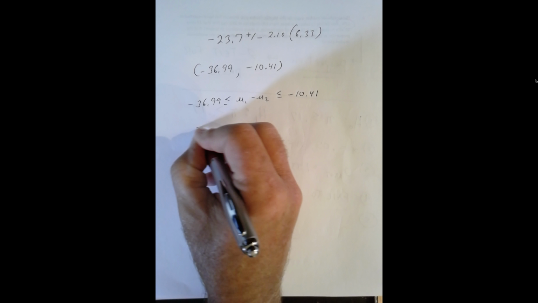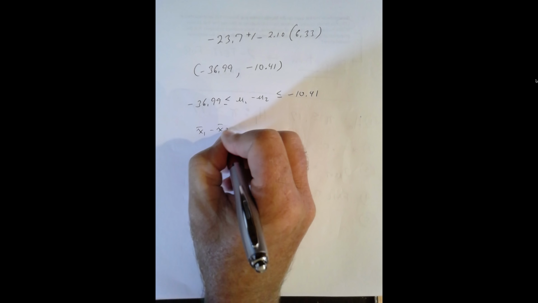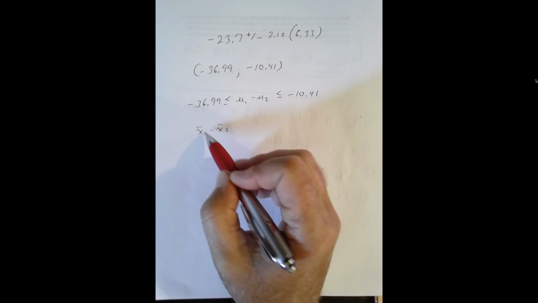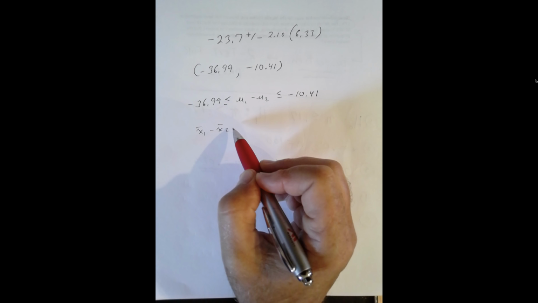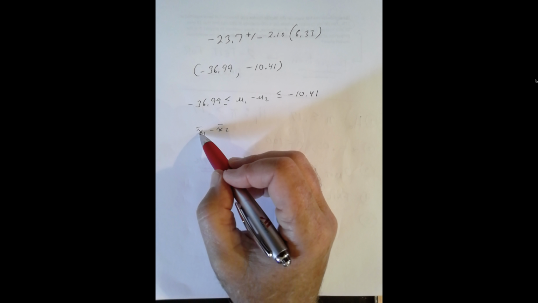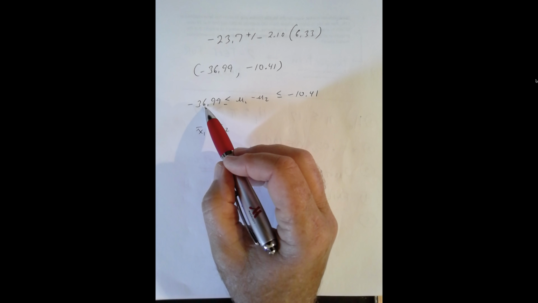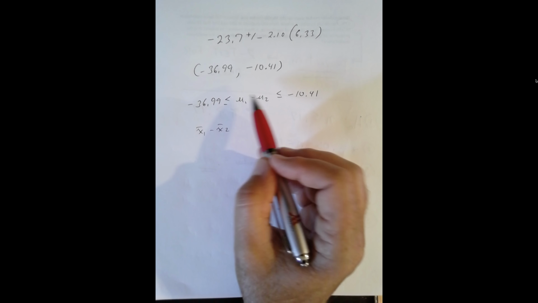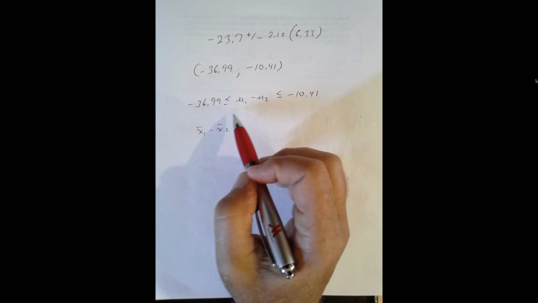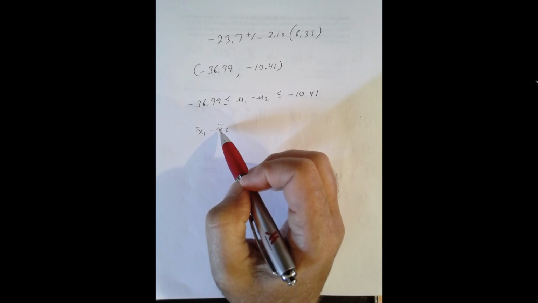When we examine x bar 1 minus x bar 2, because this is negative, that indicates that the first value is less than. So for the difference in the mean sales per week of location, we can say that location 1 is somewhere between 36.99 and 10.41 lower than location 2.